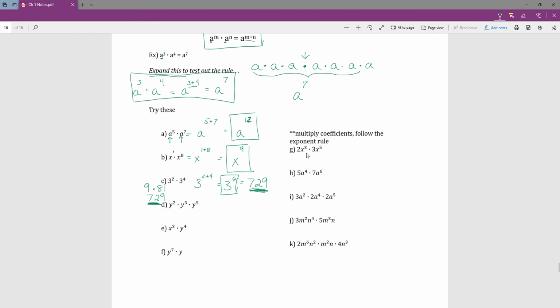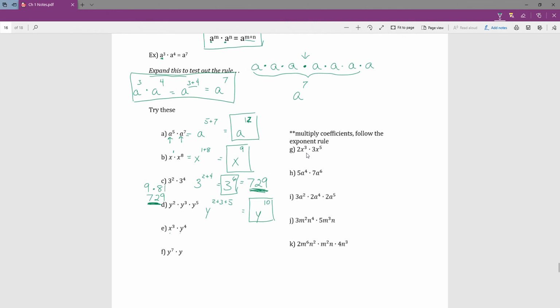In this one, we have 3 y's here. So the common base is y. And in order to simplify this, I'm going to add the exponents. So I get as a final answer, y to the 10th. Not 10 y's, y to the 10th. Okay, for E, when I see this one, I've got x cubed and y to the 4th. Now, this is the first example that doesn't have common bases.